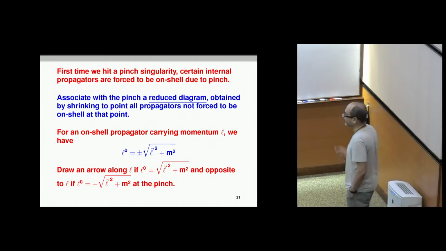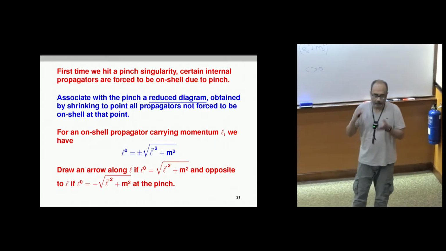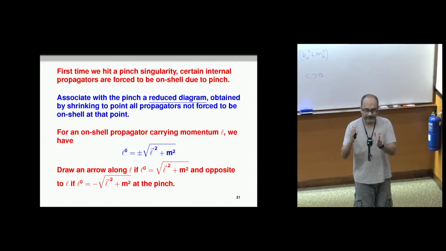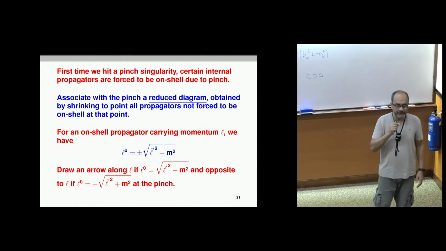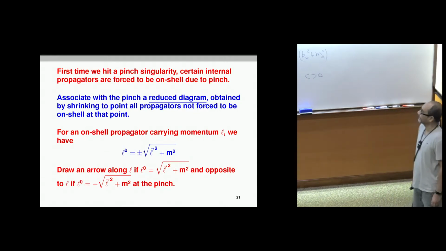So basically then, inside the reduced diagram, the propagators that are displayed are the ones that are forced to be on shell, and the arrows on the propagators tell us which direction the energy is flowing. Okay, that's the simple statement.